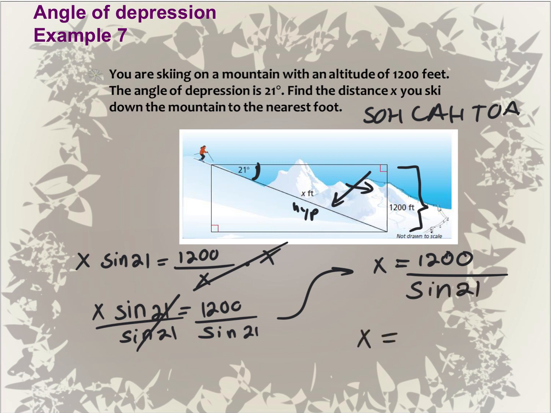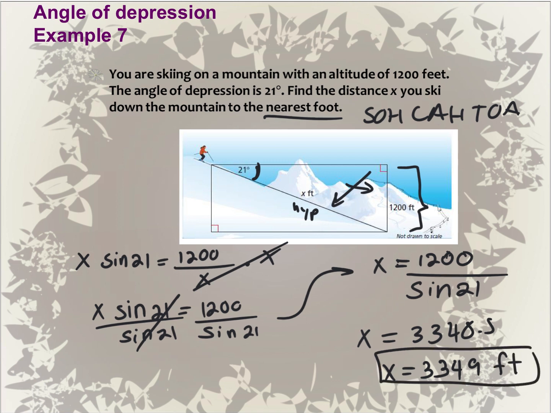When you plug that into the calculator, you should get 3348.5. But they asked for it to the nearest foot, so do look at the rounding. So our actual final answer is 3,349 feet. That is how far you're going to be skiing down.